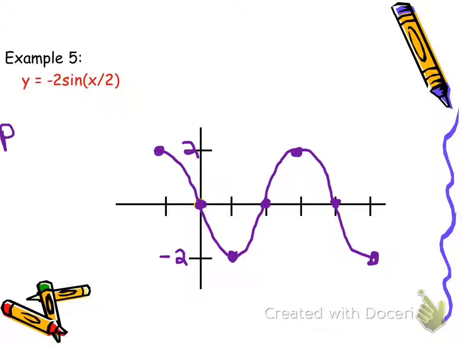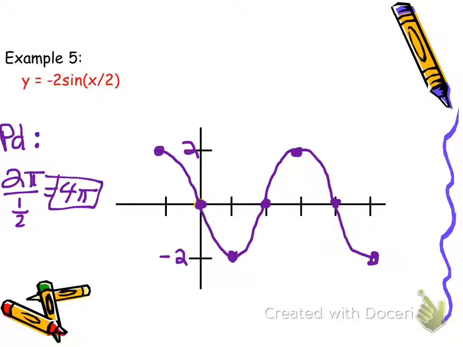The period is 2 pi divided by the coefficient of x. So it's 2 pi divided by 1/2, which is 4 pi. Period is 4 pi. That means from here to here is 4 pi.